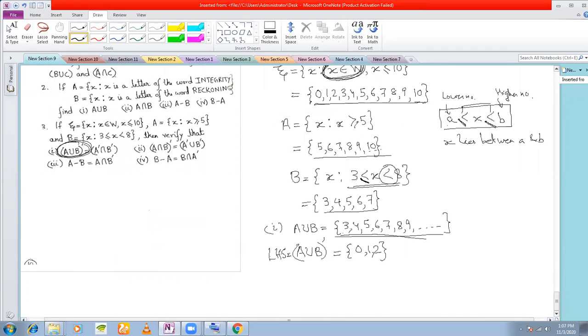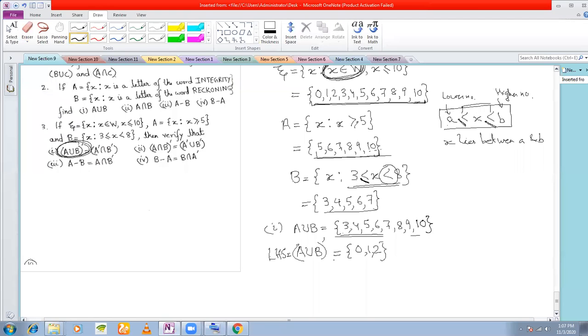Since the universal set is finite here only till 10, this set will start from 5 and will have only elements till 10. And similarly here, A union B will also be finite. That means this should be only till 10.